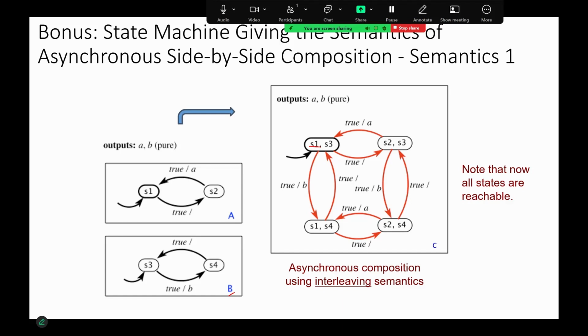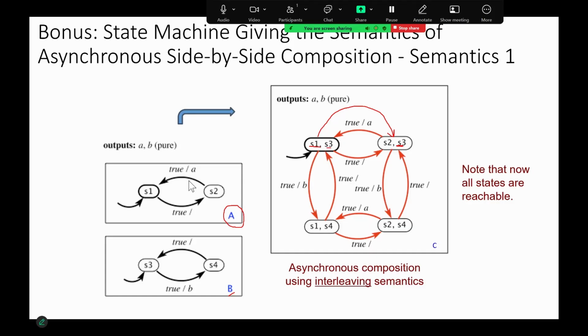So we are at S1 and S3, and true happens. Let's assume first that A reacts, which means 1 will change to 2, and 3 will remain the same.